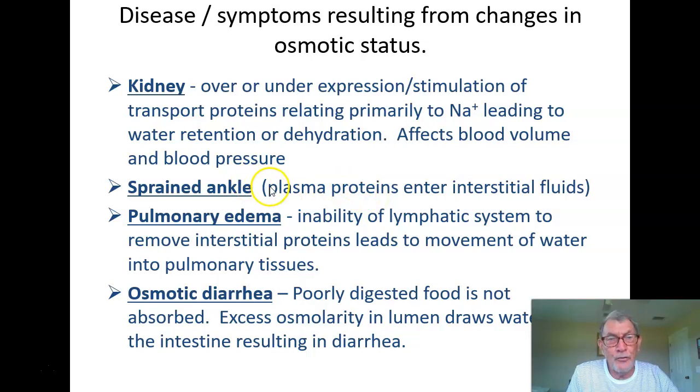And it's because these plasma proteins cause too much osmosis out there, and they pulled water into your ankle, and your ankle swelled up.